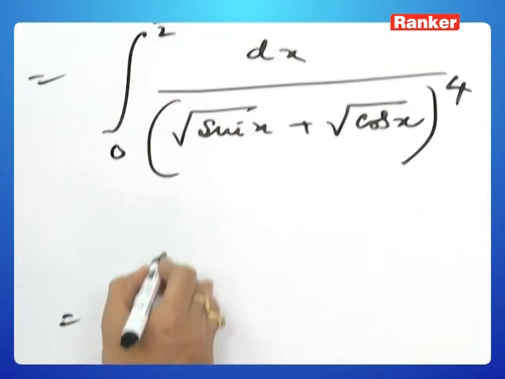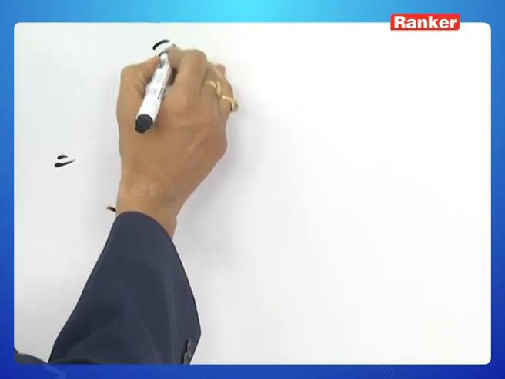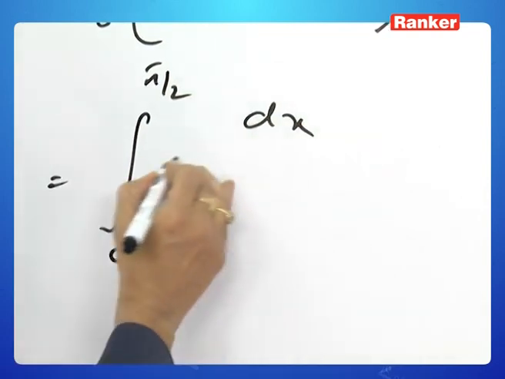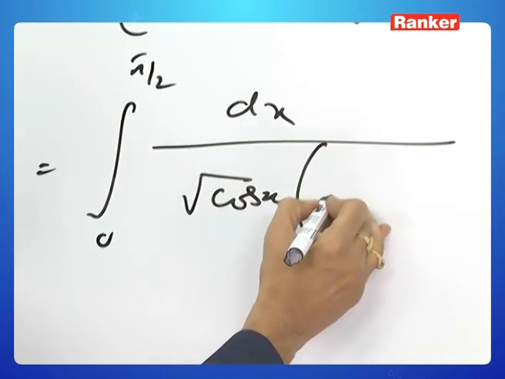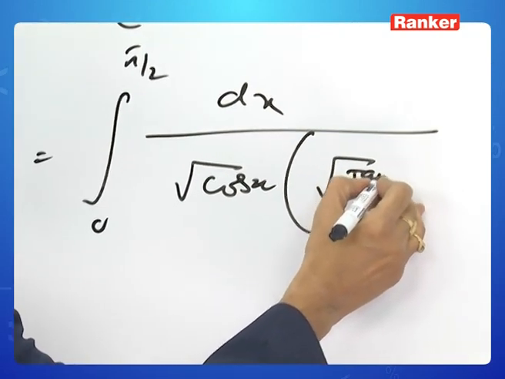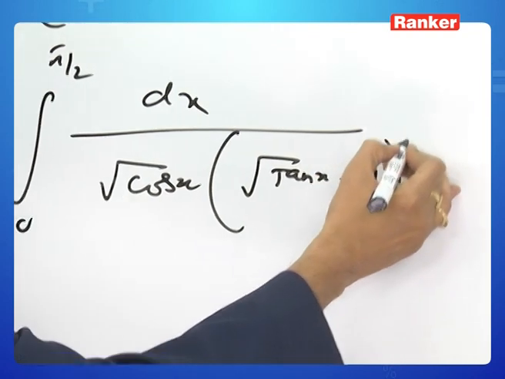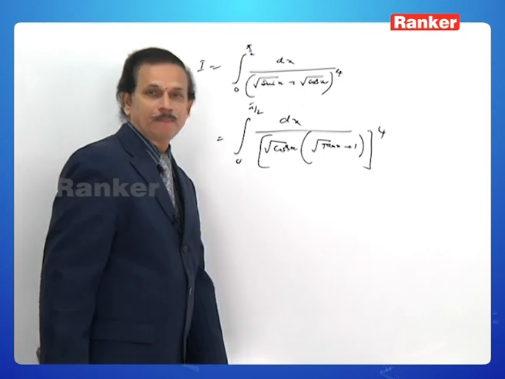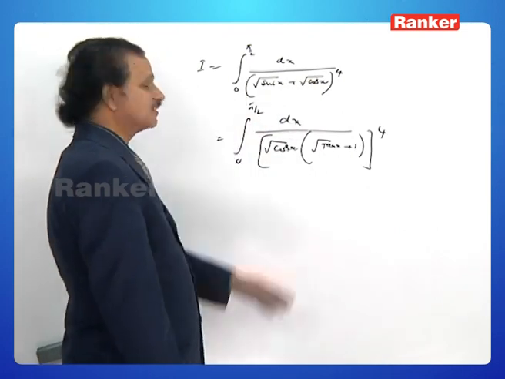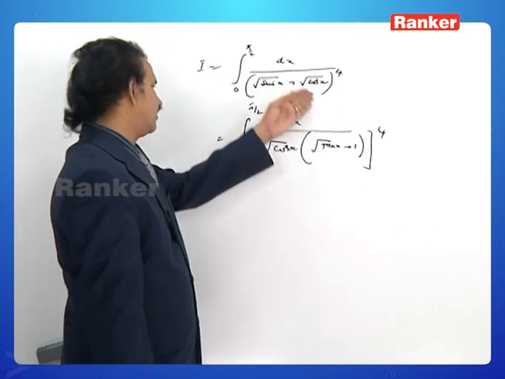Well, I like to simplify this. You please follow the steps which I am following. Dx by root cos x into root tan x plus 1 whole to the power of 4. Am I correct? I have dragged root cos x out so that it is root tan x plus 1.